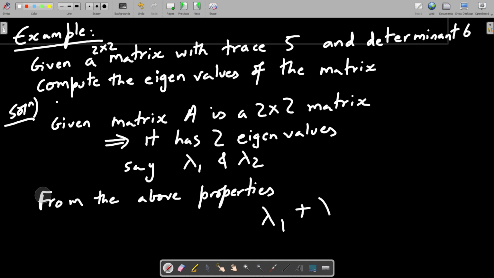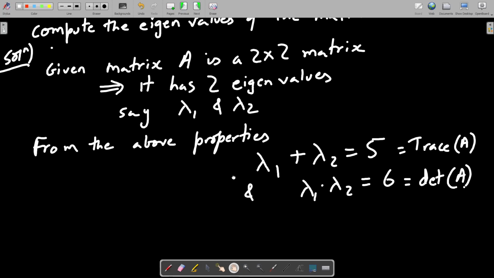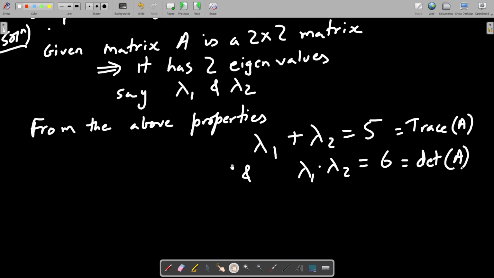Lambda 1 plus lambda 2 is equal to 5, which is the trace, and lambda 1 lambda 2 is equal to 6, which is the determinant of A. Okay. So now we have to simplify these two equations and get the values of lambda 1 and lambda 2.